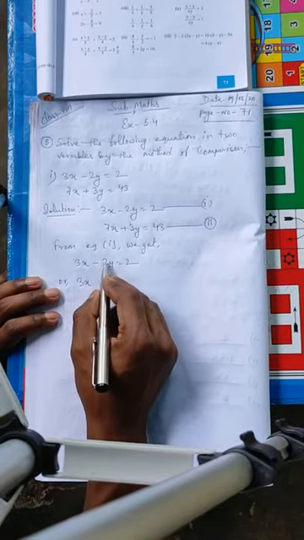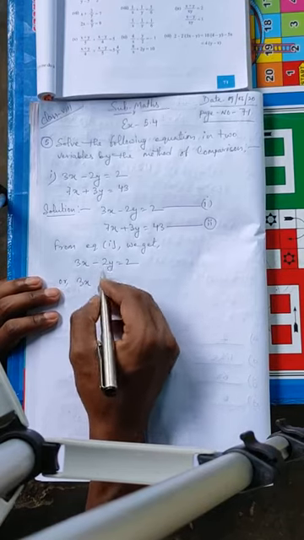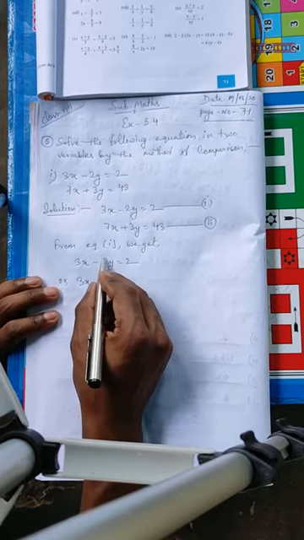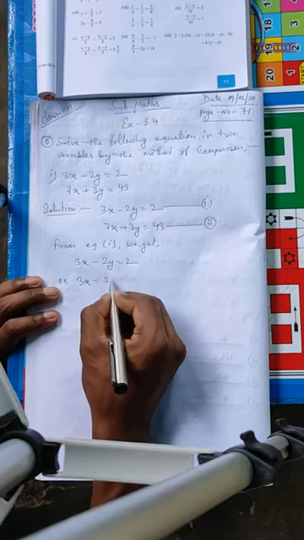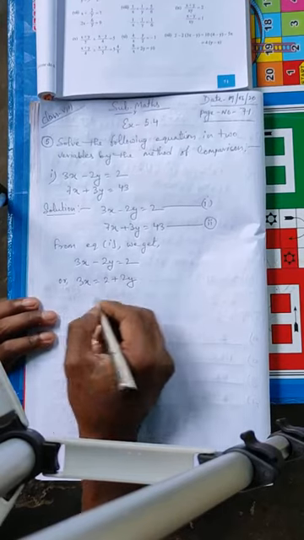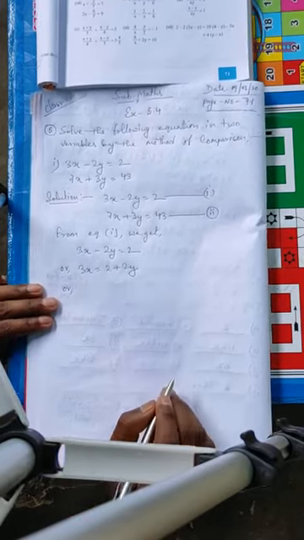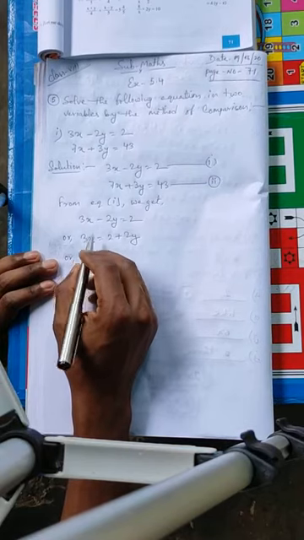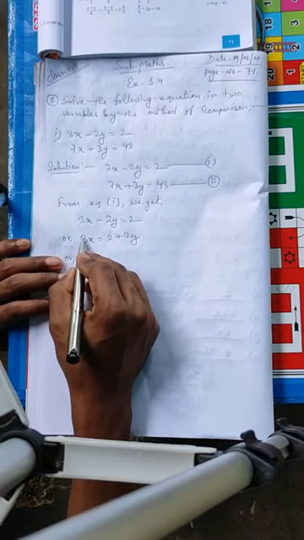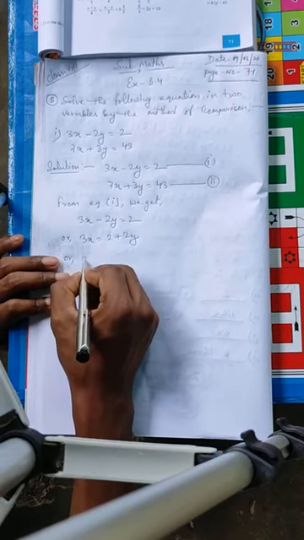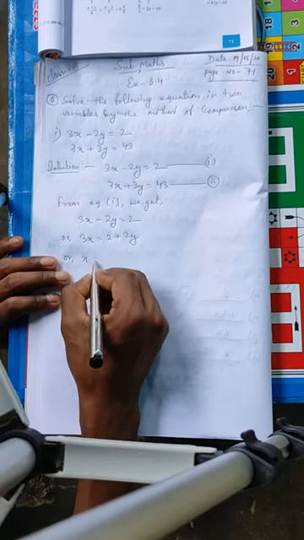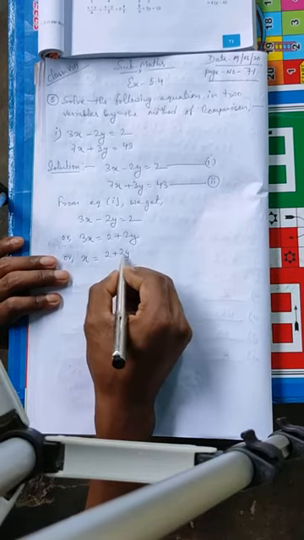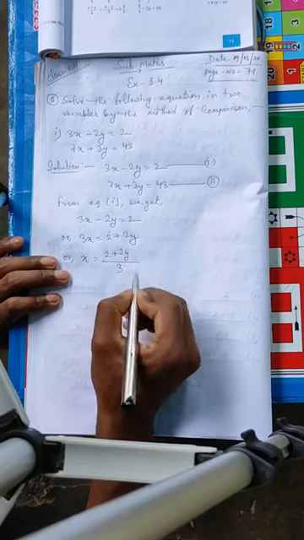We have to transfer 2y to the right side; then minus 2y transferred to the right side becomes plus 2y. Now 3 we have to transfer to the right side; multiplication changes into division, so x equals 2 plus 2y divided by 3.